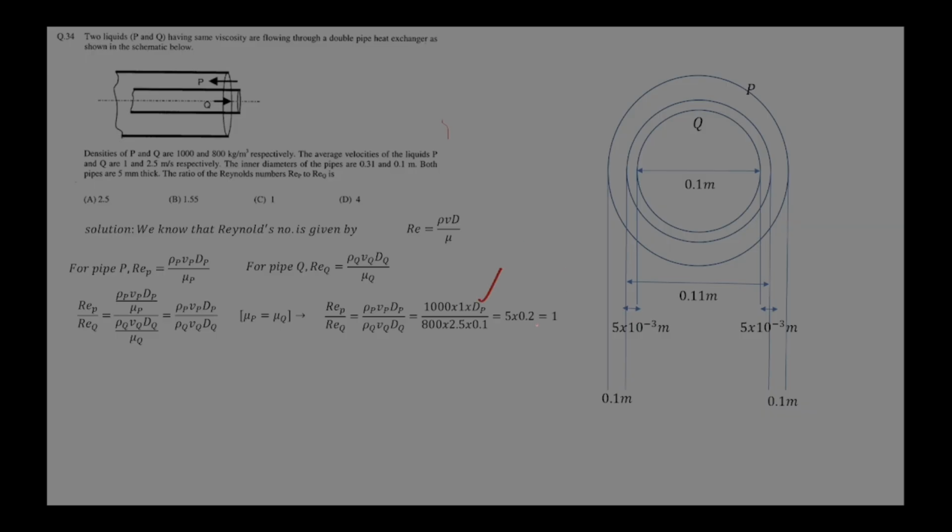I have put the direct value after solving, but find the dP. So dP is the inner and outer pipe, and we know the equivalent diameter, hydraulic diameter, is 4 into hydraulic radius. Whenever there is an annulus, we refer to the diameter as hydraulic diameter. So solving this, we get 0.2. So I have put this 0.2. Okay, this is a straightforward answer 1.